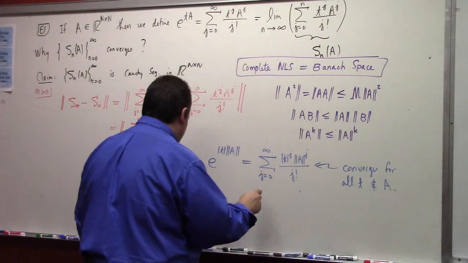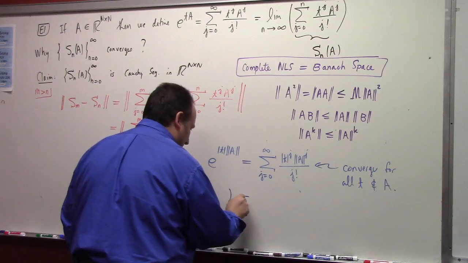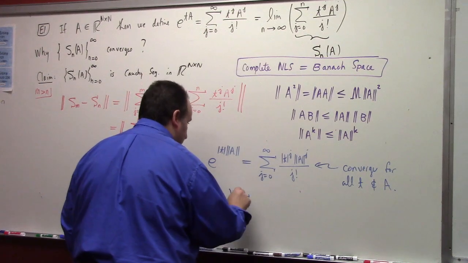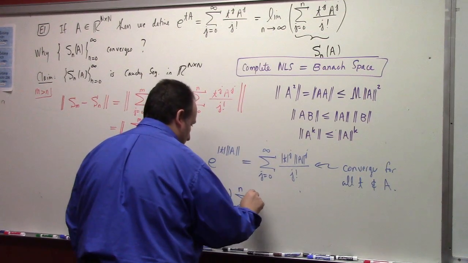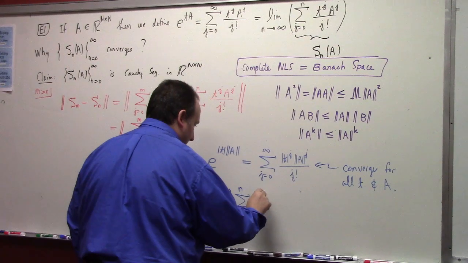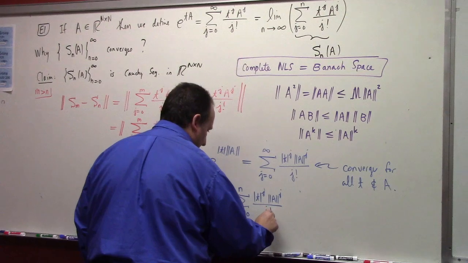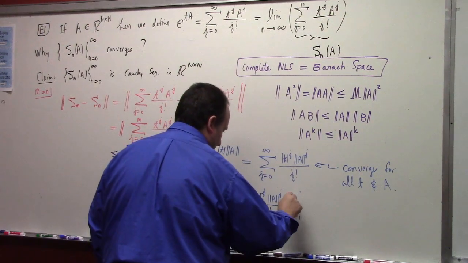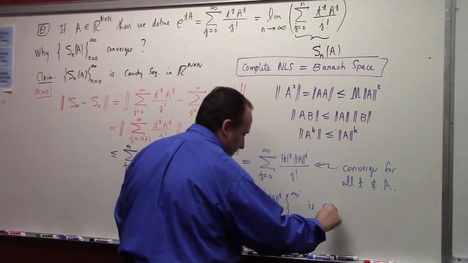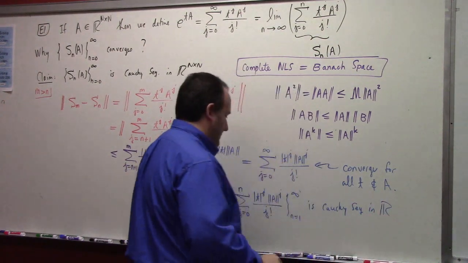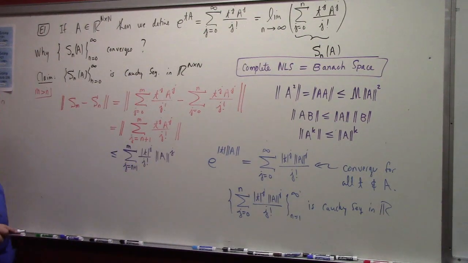So the sequence, j equals 0 to, let's say, n of this, is a Cauchy sequence in the reals. And that's all we need.